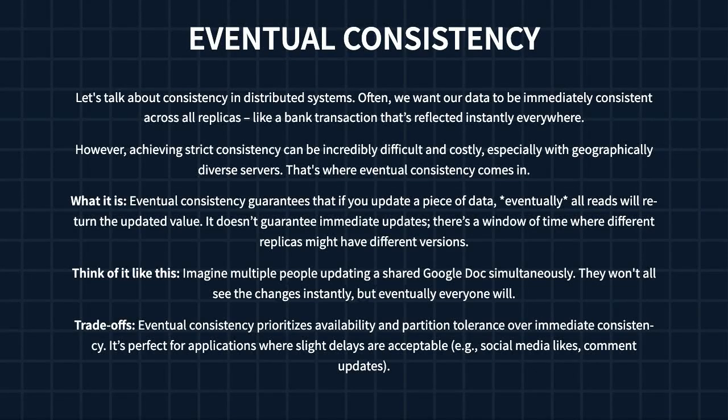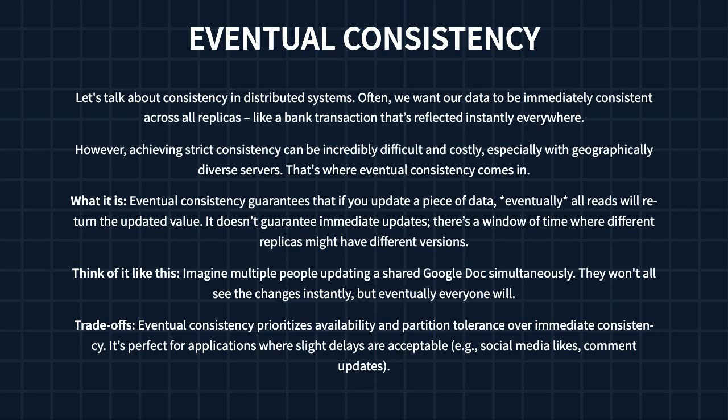Okay, so let's dive into eventual consistency. Basically, it's about how data is kept consistent across multiple servers in a system. Most of the time we want everything to be perfectly synchronized right away, like when you transfer money from your account, that should show up instantly everywhere. But building systems that do that is really tough and slow.